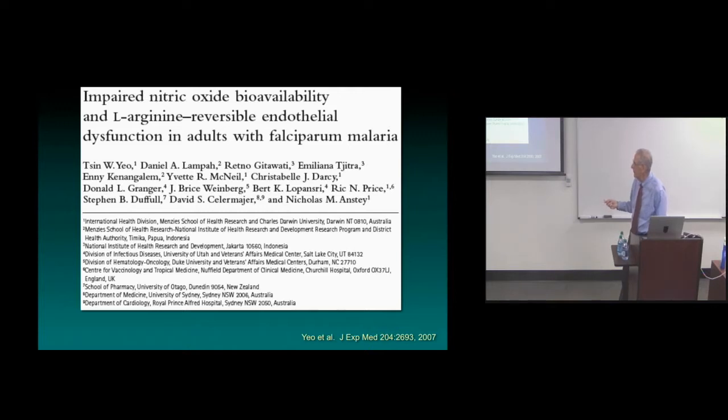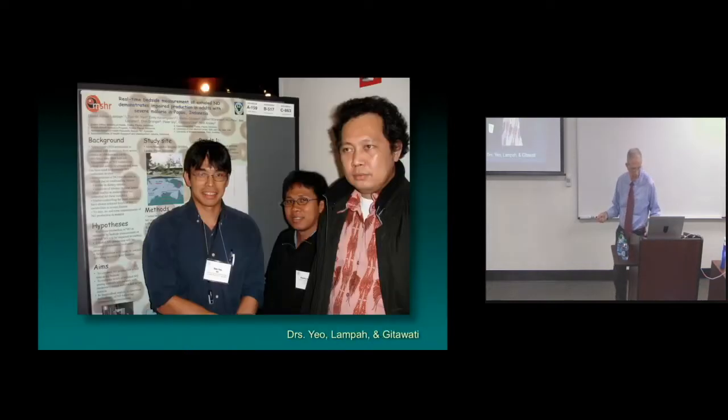But these studies were done in Indonesia and showed that there was low nitric oxide, but also endothelial dysfunction in malaria. This is a picture of Dr. Yo and some of the investigators from Indonesia, Dr. Lampa and Dr. Gidawati, who did these studies. This was at a tropical medicine meeting where this data was first presented.